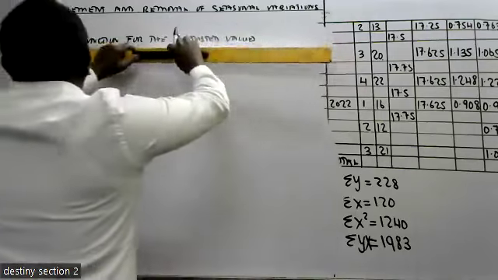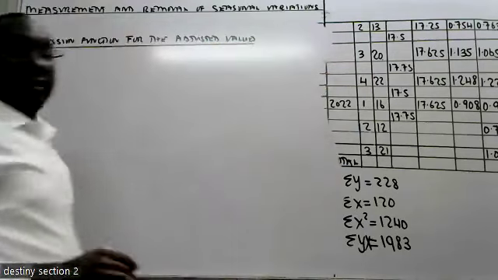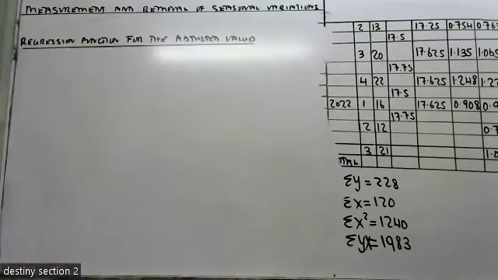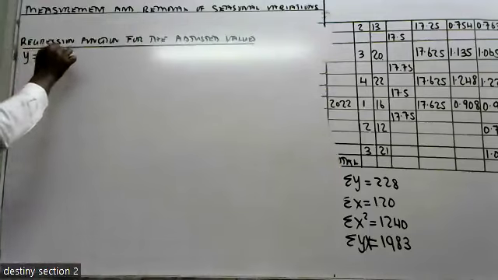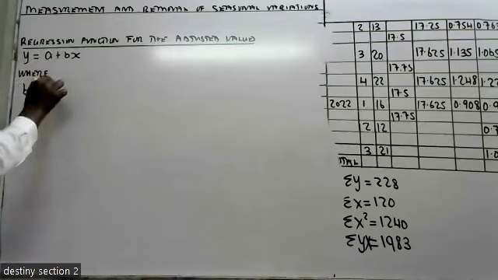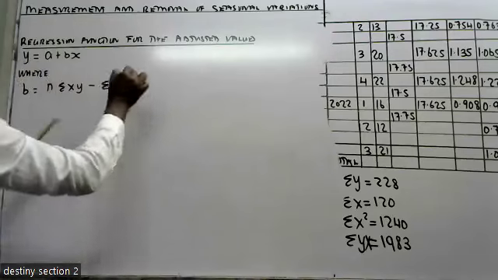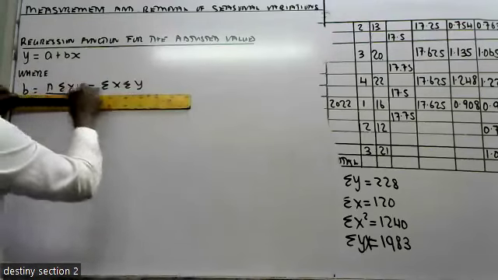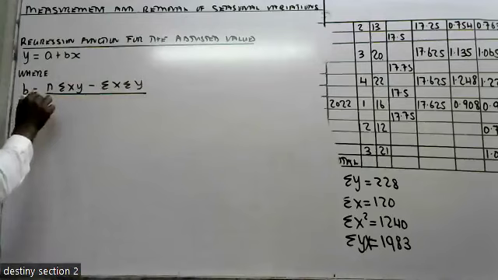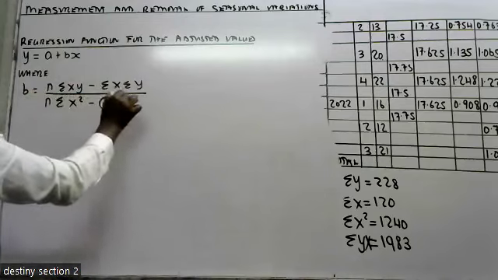We want to develop now the regression equation for the adjusted values. So we say the equation is y is equal to a plus bx, where b is given as n, sum of xy minus sum of x, sum of y. You divide this by n, sum of x squared minus sum of x, you square.